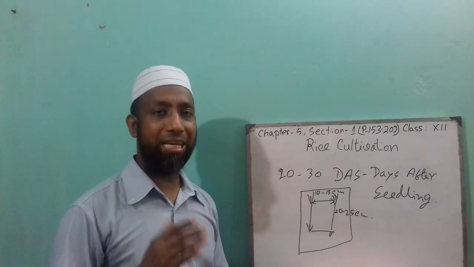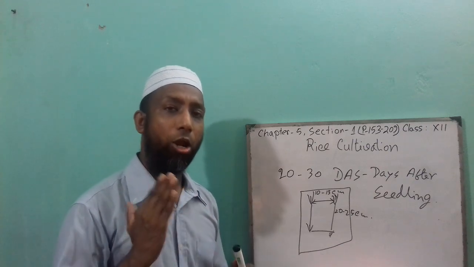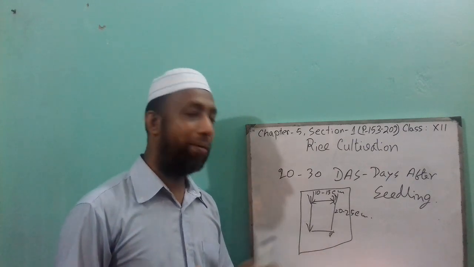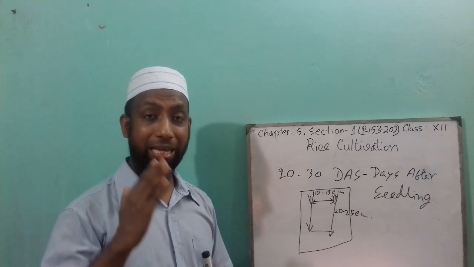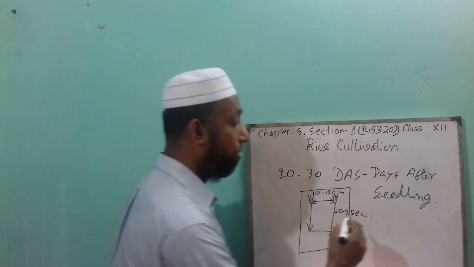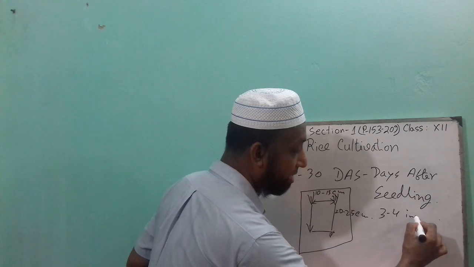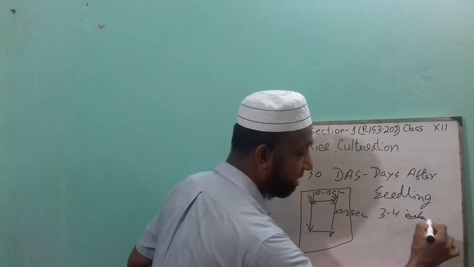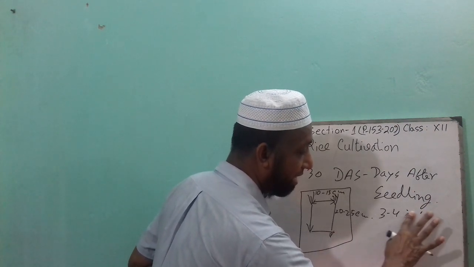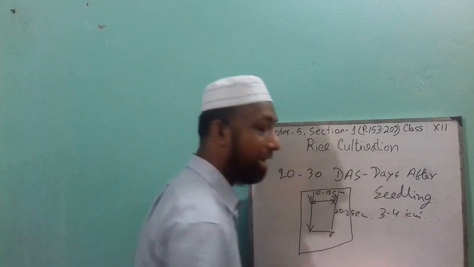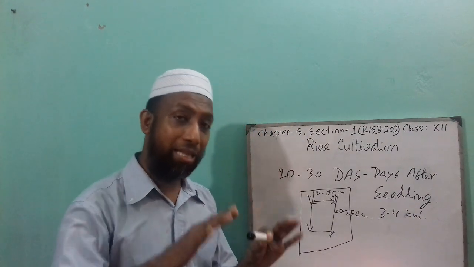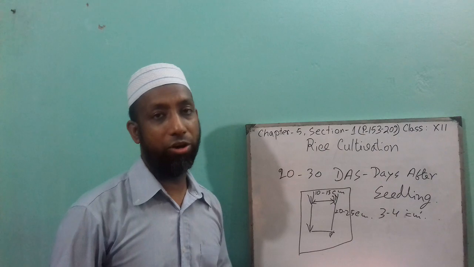Remember that in the initial stage we need lots of water for the main field. That is why you have to provide 3 to 4 centimeter of water all the time in the land, in stagnant condition.